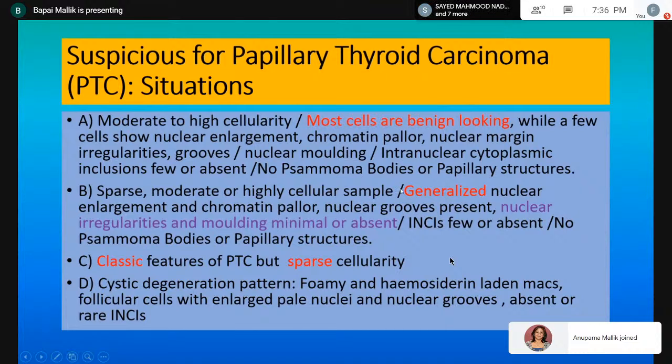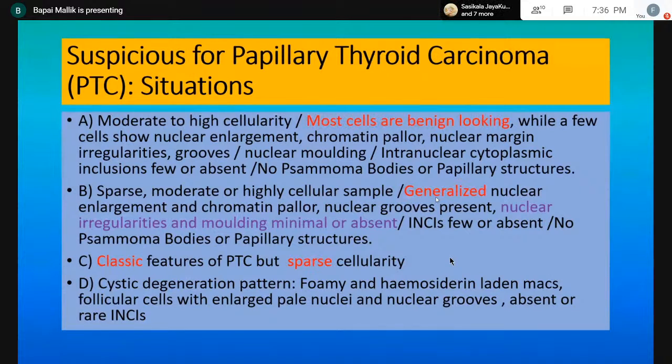And most of the cells are showing this abnormality, but once again, it falls short of a particular situation where you can confidently say that this is a papillary carcinoma. That is because you do not find nuclear membrane irregularities, you do not find intranuclear cytoplasmic inclusions, and you do not find psammoma bodies or papillary structures.